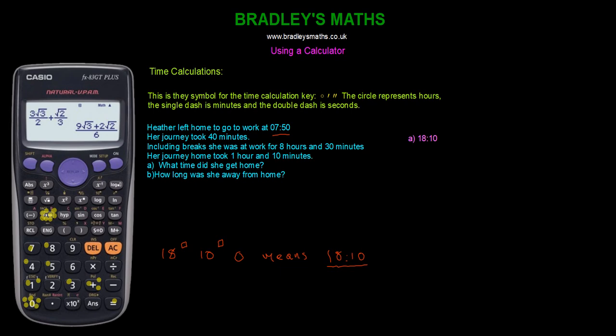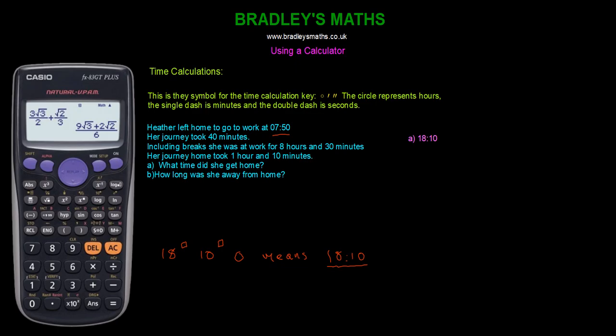Okay, so part B, how long was she away from home? Now, let me first get rid of all these yellow dots because we don't need those on there anymore. How long was she away from home?